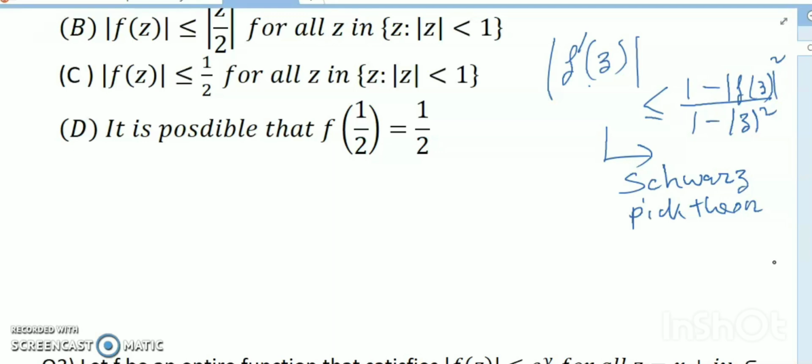It is named after Hermann Amandus Schwarz, and is a result of complex analysis about holomorphic functions from the open unit disk to itself. So let's start to discuss what the Schwarz lemma is.